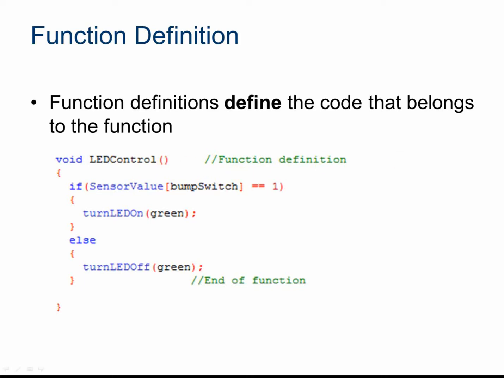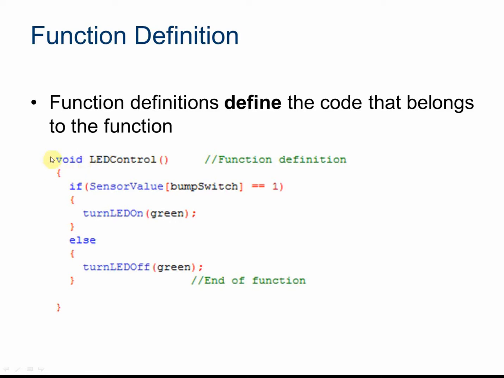Likewise, we have arguments and then we have returns. Now you might have noticed in the definition of this function, it says void. Void is a special type of function. This is set up just like a variable, right? Except void is a special type that means you don't return anything.